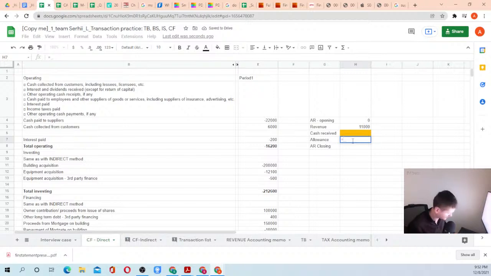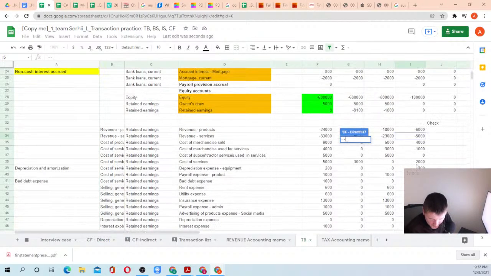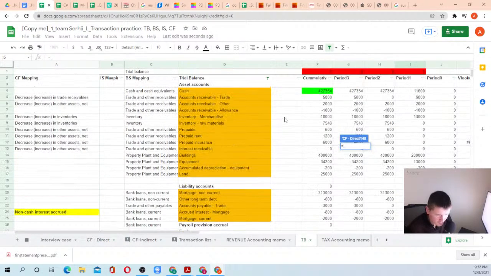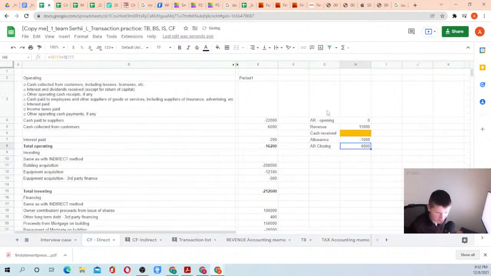We have some information about allowance. Allowance decreases our accounts receivable, and we have information about receivable. Let's use the number after allowance. We just need to make sure that we use everything consistently.